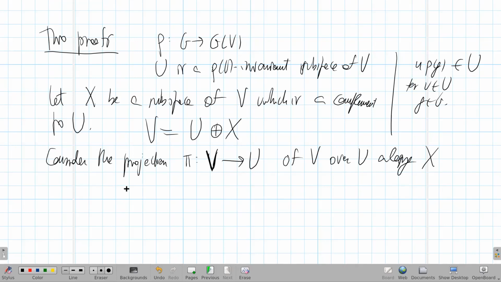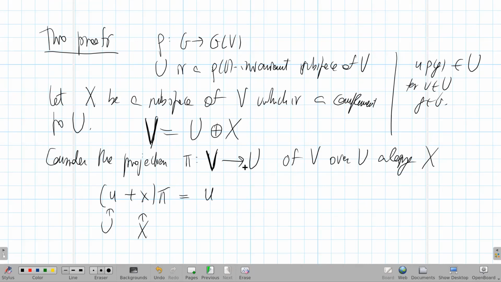It means that when you apply this to u plus x, where u is in U and x is in capital X, the fact that this is a direct sum means that every element of V can be written uniquely here. So I can define the pi separately on the two, and this is simply u, okay?